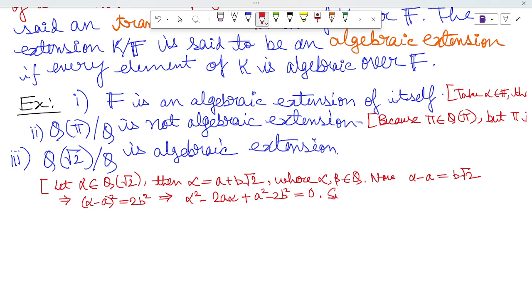Okay, so alpha satisfies this. Now the constant term is this, where a and b are from Q.